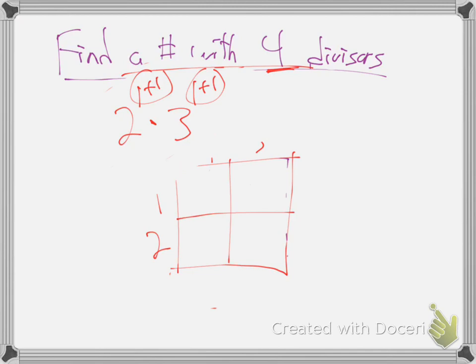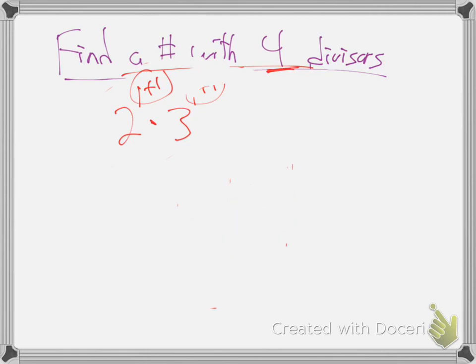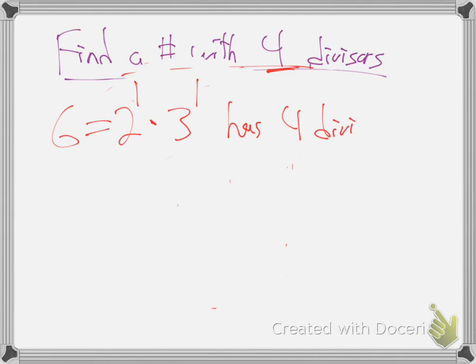Okay, now, can you tell me, whatever that number is, what is that number? That's 6, huh? Let me put it back the way it was. 2 to the 1, 3 to the 1, that's 6. It has 4 divisors, doesn't it? Because of 1 plus 1 times 1 plus 1. You add 1 to each of the powers. So you see the game plan, right?